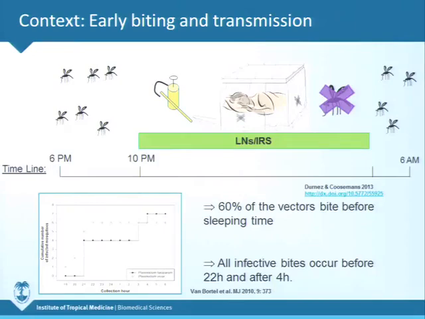We have the mosquitoes that bite, and Anopheline mosquitoes, the vectors, bite mainly between 10 p.m. and 5 or 6 a.m. in the morning. So, this is very well covered by ITN and/or residual spray.